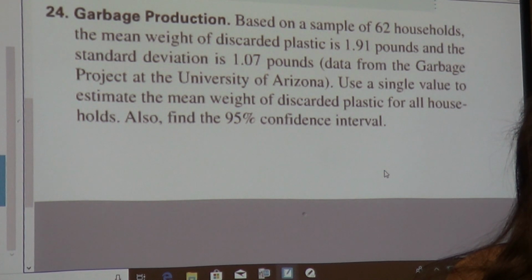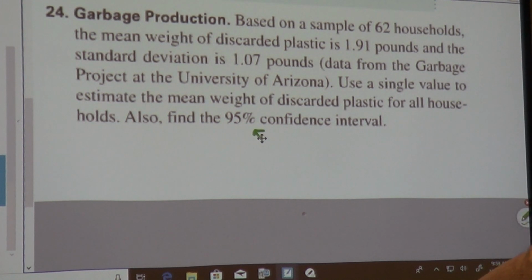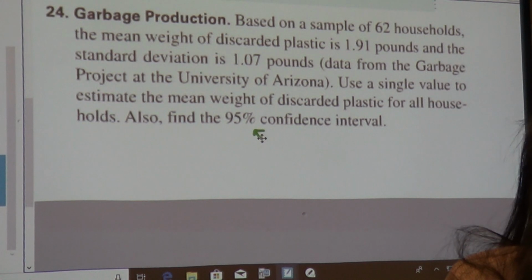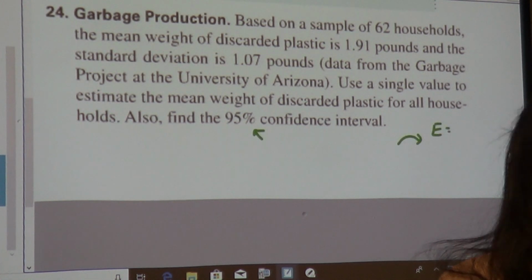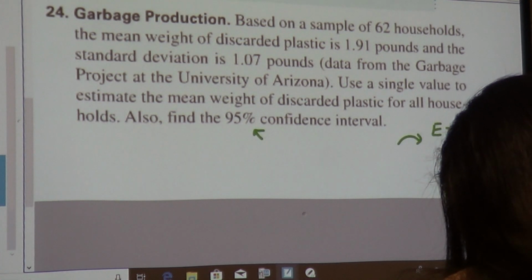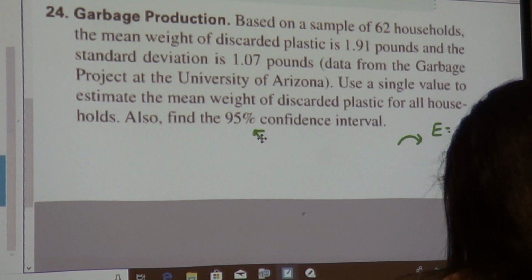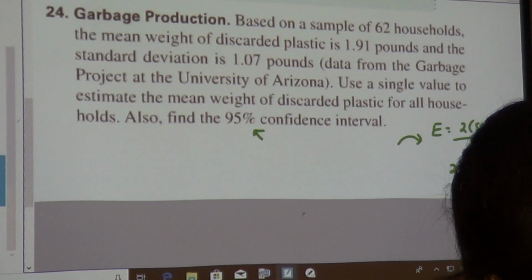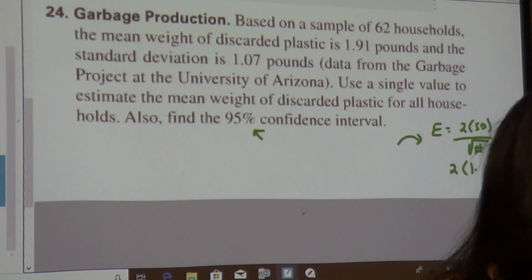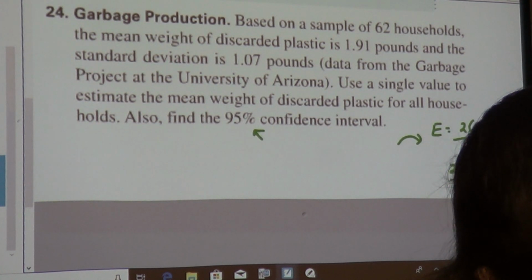Okay? So, in order to find the 95% confidence interval, we first need to know the error. So error equals 2 times standard deviation divided by the square root of the size of the group. So 2 times what? 1.07 divided by square root of 62.